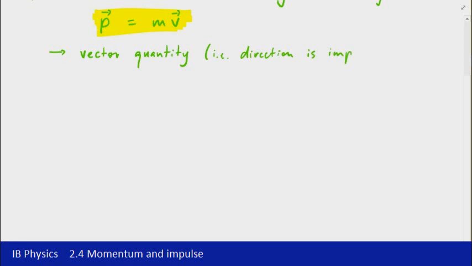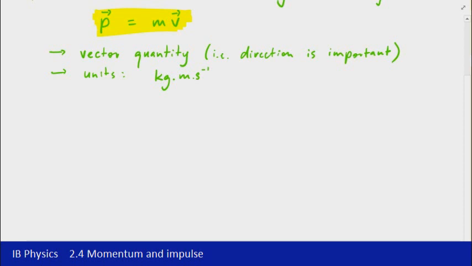It's also important to note that we wouldn't talk about momentum as being mass times speed, so it's always mass times velocity. The units of momentum we get by simply multiplying the units of mass and velocity. The units of mass are kilograms and the units of velocity are meters per second. So the units of momentum are kilogram meters per second.